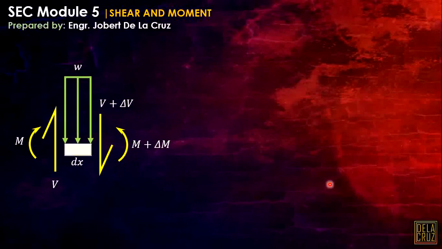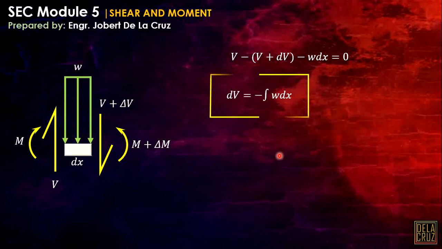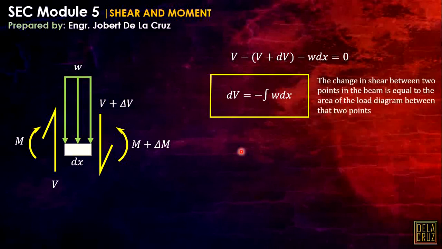By equilibrium, we can just say that that is our equation, and simplifying this one, we can create this relationship. The change in shear is equal to the negative of the integral of W dx, or that is, the change in shear between two points in the beam is equal to the area of the load diagram between those two points.